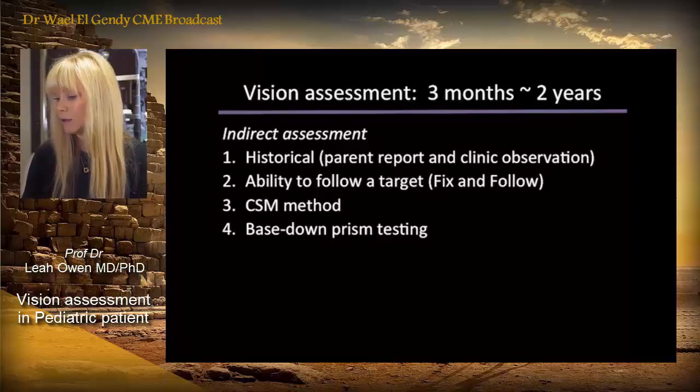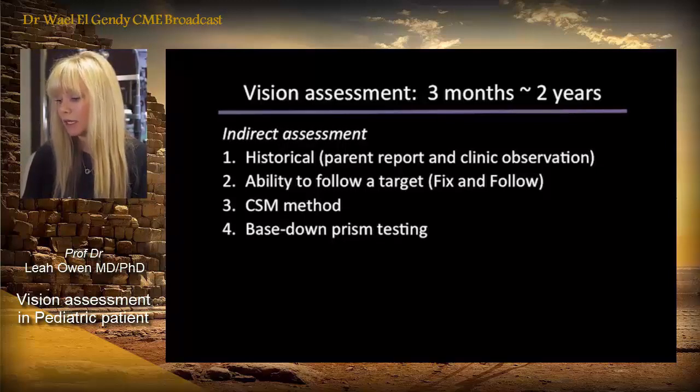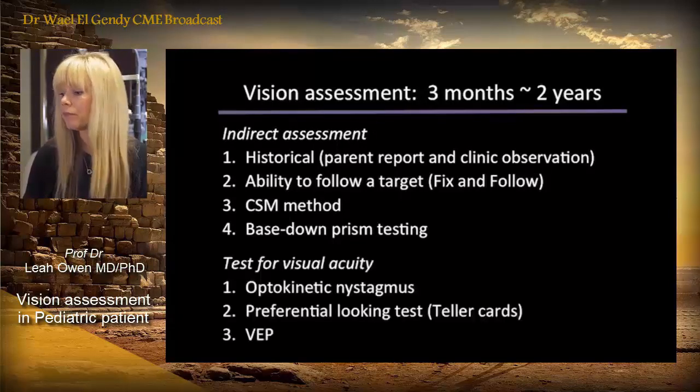We can also test directly whether the patient can fix and follow a target. We also have a method called the CSM method, which we'll talk a little bit more about in a moment, to more quantify this behavior. And then finally, we have base down prism testing to really understand the fixation behavior of each eye individually.